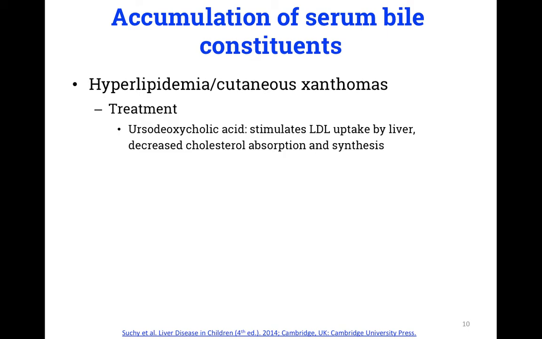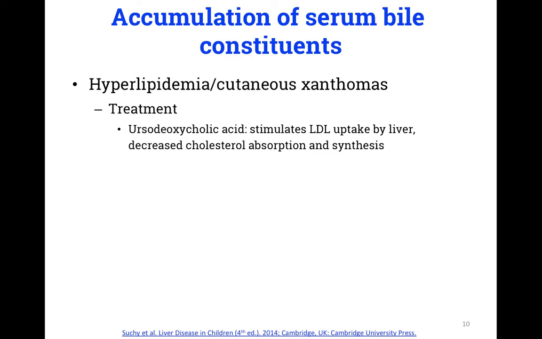So how do we approach treatment? Well, not surprisingly, ursodiol also seems to work for this manifestation, perhaps in part because of its choleretic effect, and can result in significant reductions in the hypercholesterolemia in children.